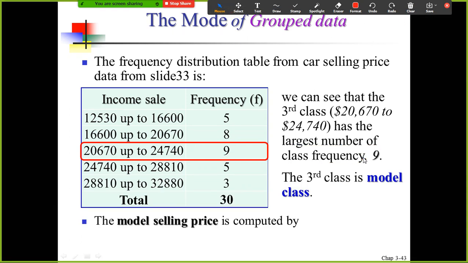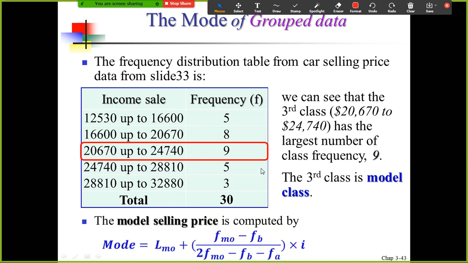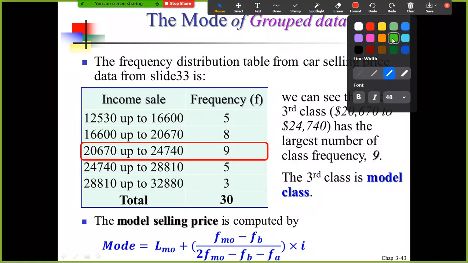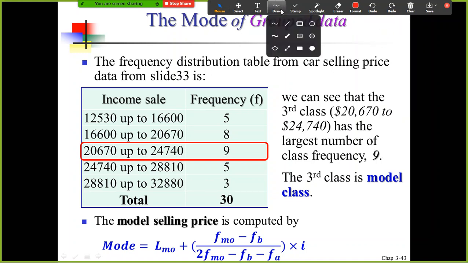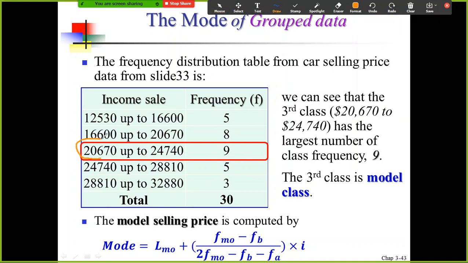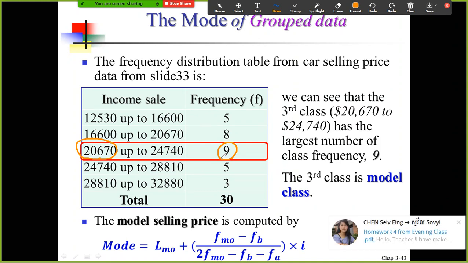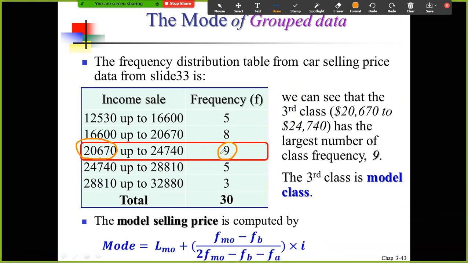When you know the modal class, you can find L mode. What is L mode? L mode is the lower limit of the modal class. Okay, you can find F mode. What is FB? FB is the frequency before. Which one is before? Before is here. FA, after, is here.